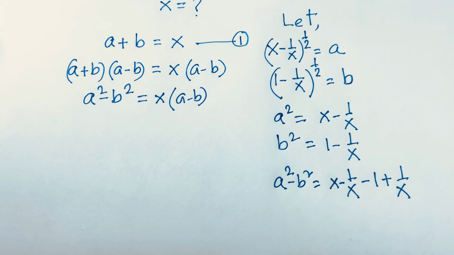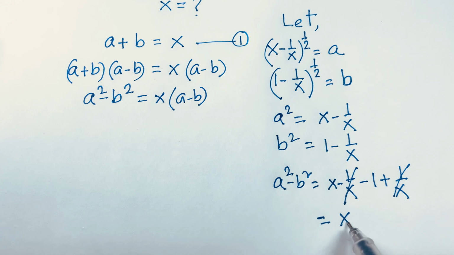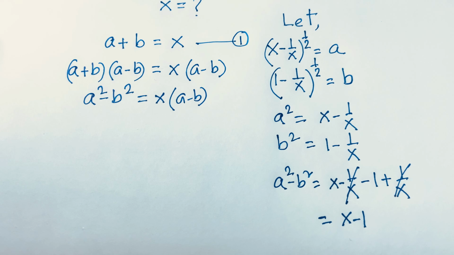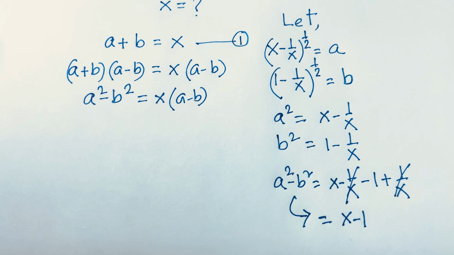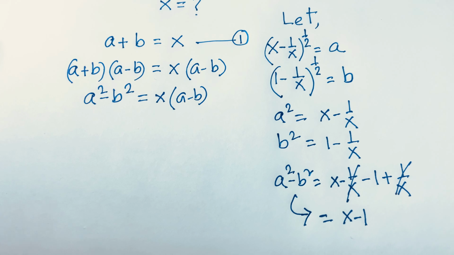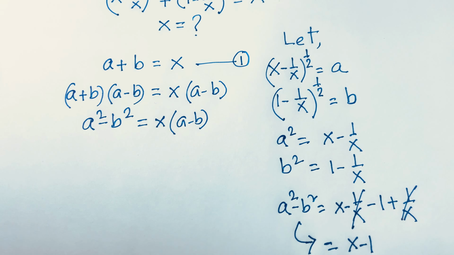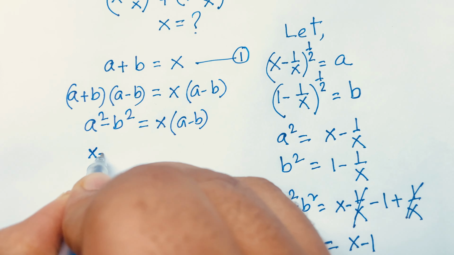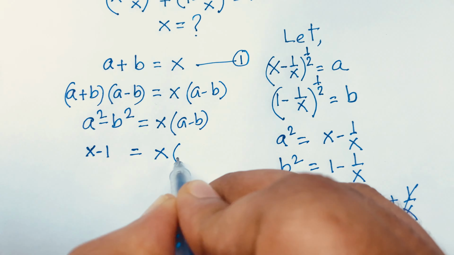Then I can see easily this cancels and we'll find out here is x minus 1. Now a square minus b square will be x minus 1. So if I put this value in this equation, it will be x minus 1 is equal to x times (a minus b).